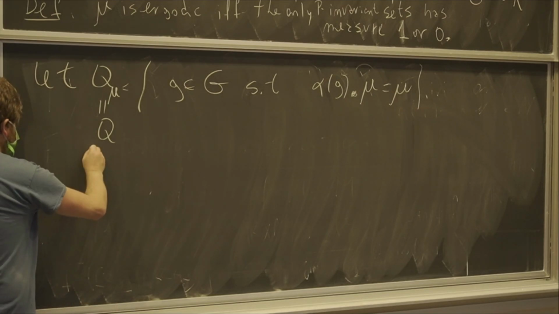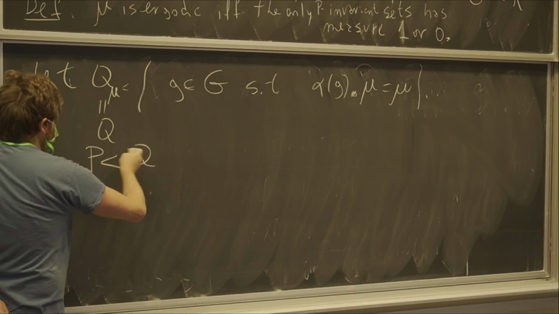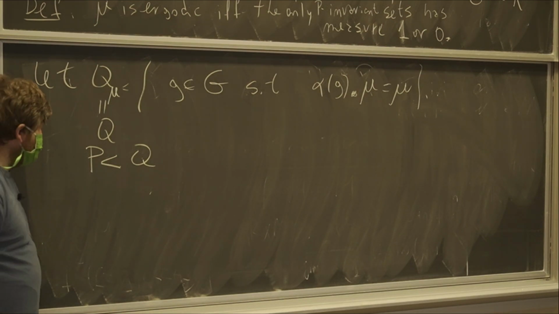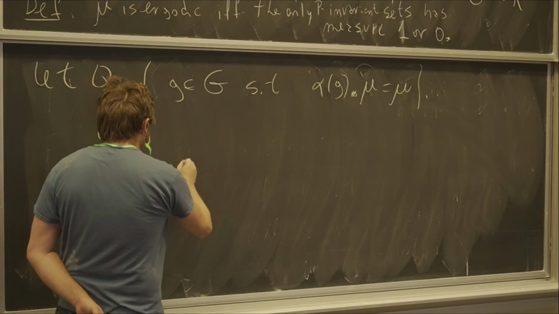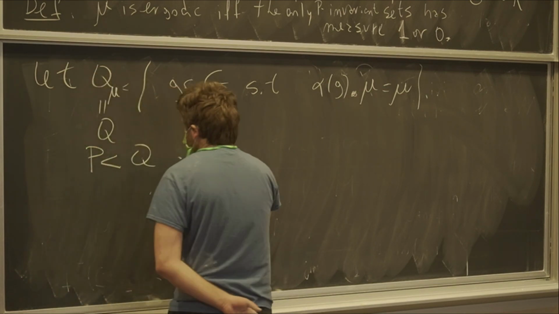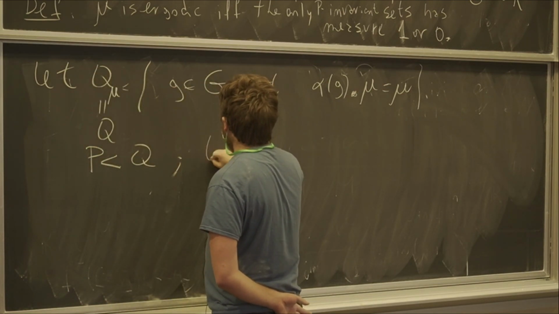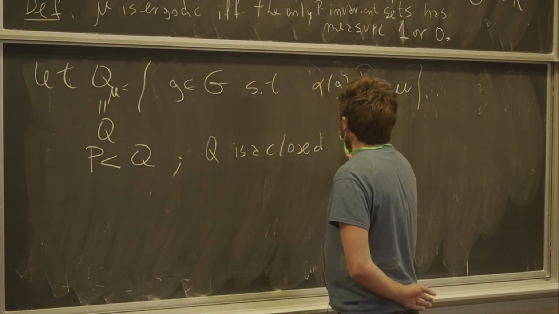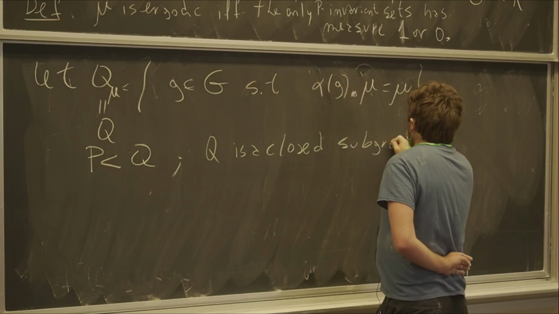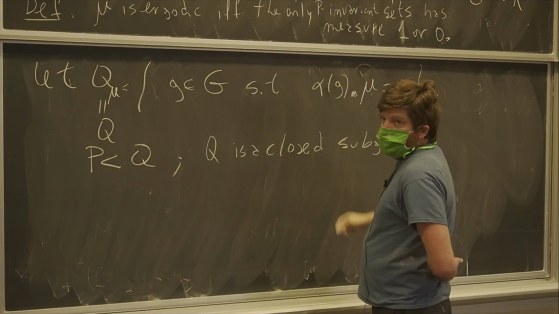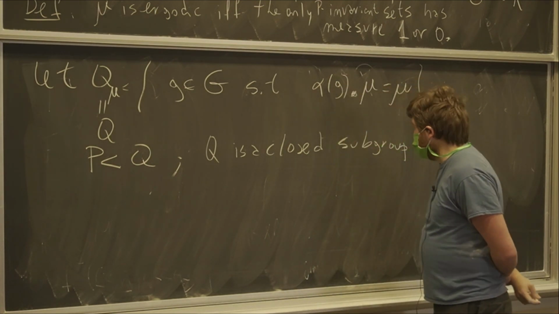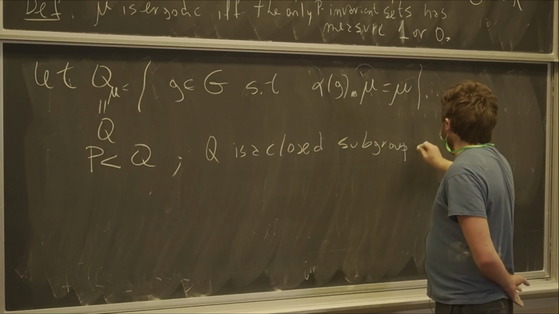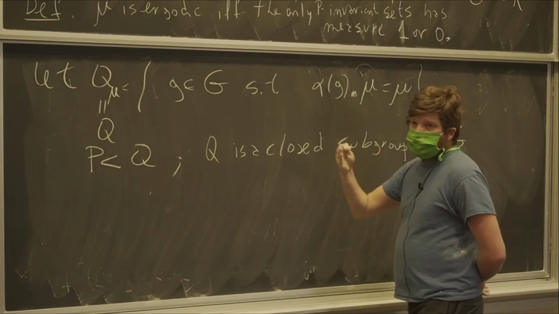And then the property I have, naturally by definition, is that P is a subgroup of Q. And second thing, which is not hard, maybe I should have stated this first: Q is not only a subgroup, it's a closed subgroup. And this is simply because everything varies continuously on G. So Q is a closed subgroup of G, which has P as a subgroup.